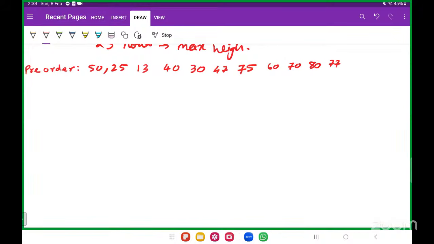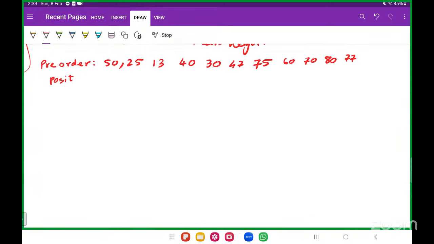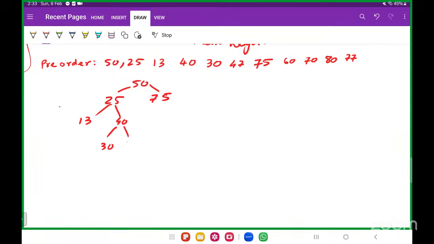So look at this, in-order is a sorted list, so we can directly construct the tree as follows. Fifty will be the root node, then 25, 13, 40.